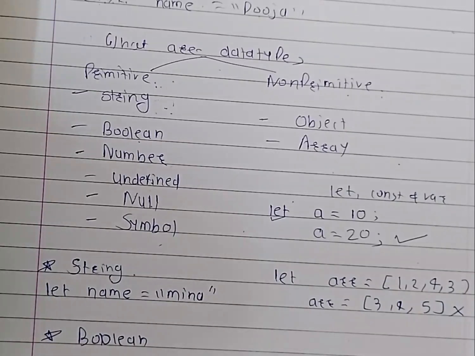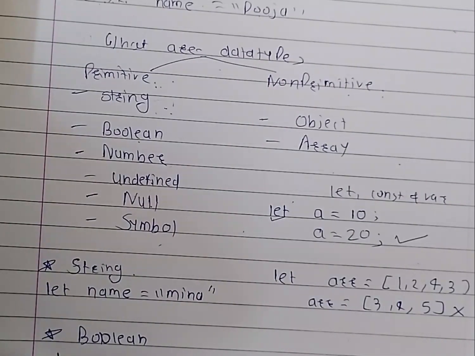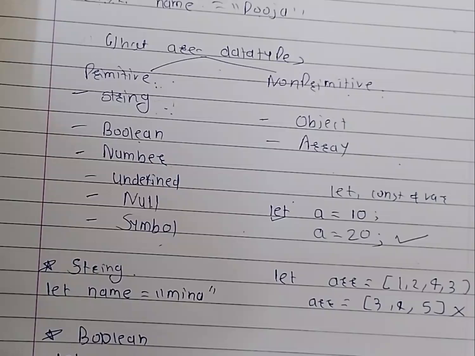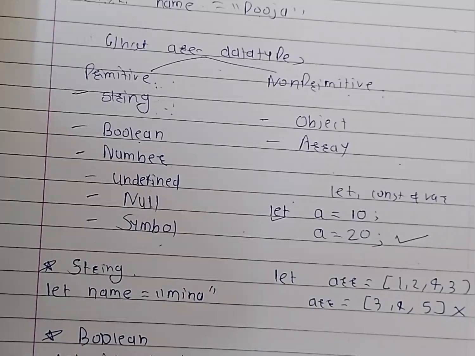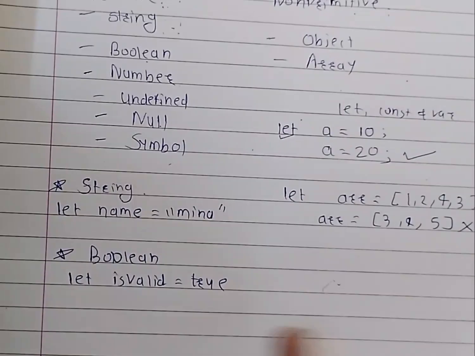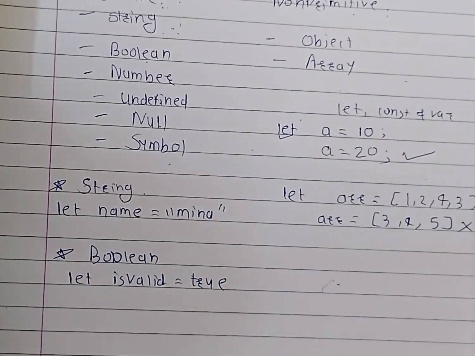Boolean is a primitive data type of JavaScript which holds a value. Boolean stores the value as truthy or falsy, whether it is true or false, like the values 0 and 1.